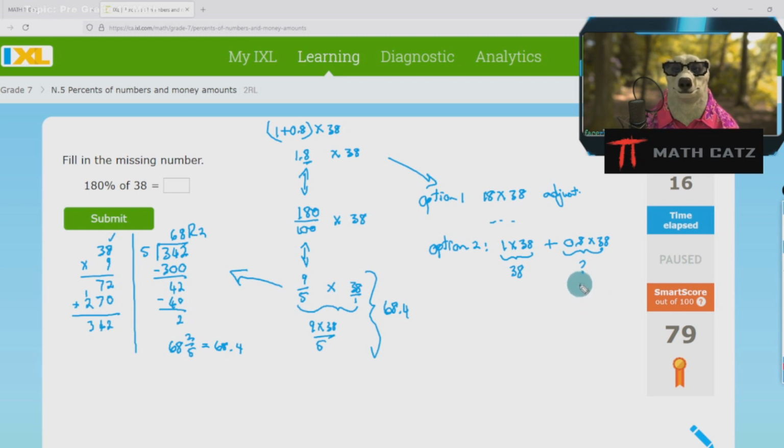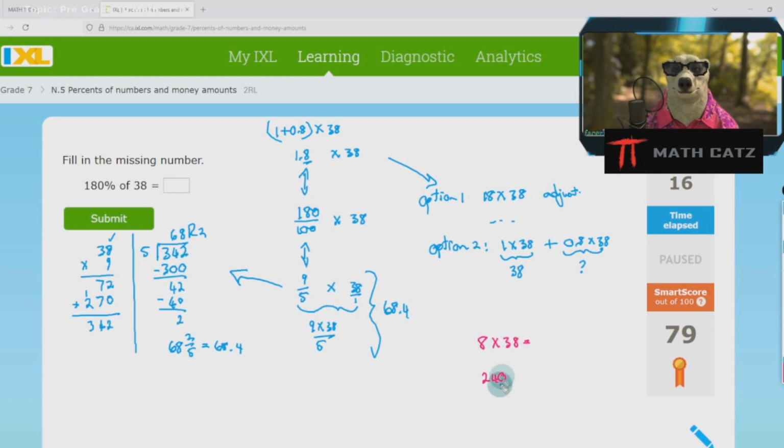Now we could do that. Where should I write this? Let's write it in a different color to demonstrate I'm just sort of thinking about this. We could try a mental calculation. I'll erase this, which is sort of how I'm thinking. I'm going to do 8 times 38 and then adjust it. 8 times 38, mentally I'll do the tens first. That's 240, 8 times 30.